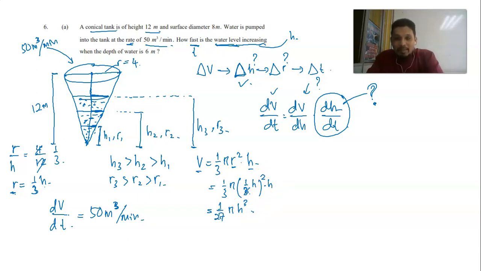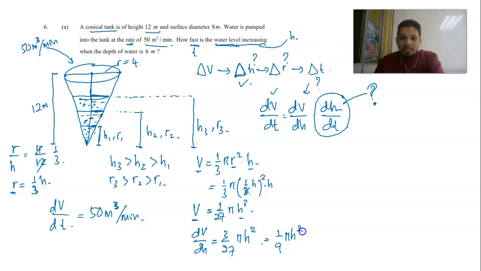Okay class, I'm asking you again, do you find any variable r left here? No, right? This is only between V and h. So then dV/dh equals, differentiating the power of 3 here, 3 over 27 pi h to the power 3 minus 1, which is 2. Or simplify this as one over 9 pi h squared.